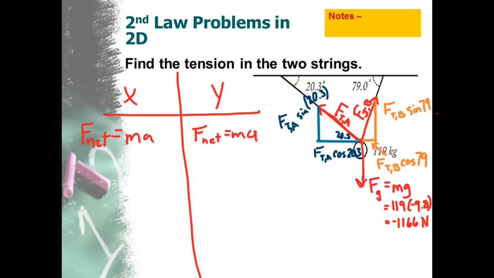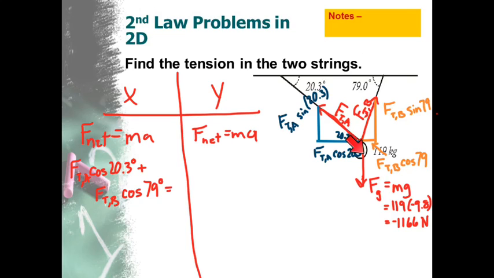I don't have any other forces in the x direction, so let's see, F of T comma A. I'm writing this force down first, times cosine of 20.3 degrees plus this force right here, the force due to tension in rope B, times cosine of 79 degrees, and that equals mass times acceleration.